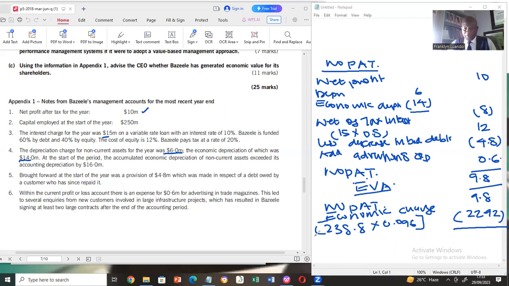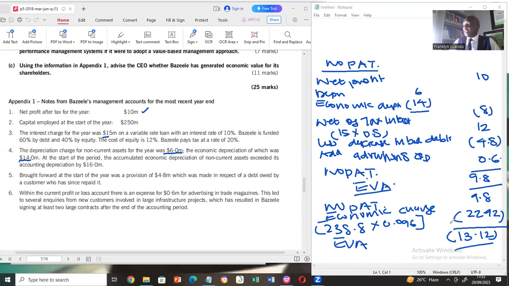So this will be EVA. So there was a decrease of EVA, 13.12, this is a decrease.